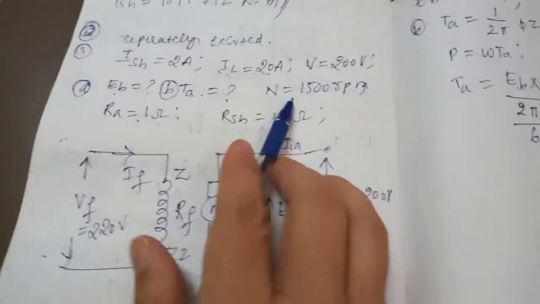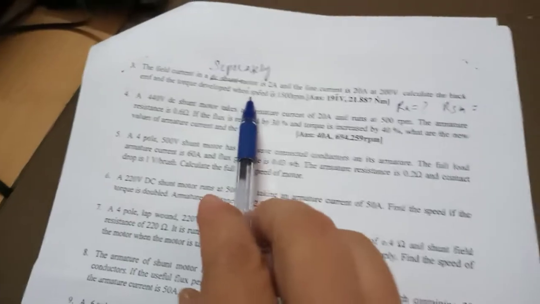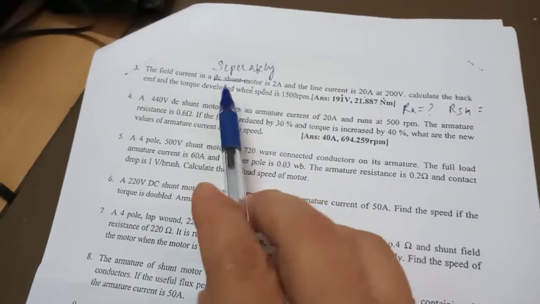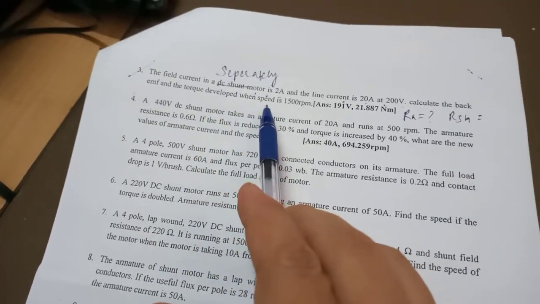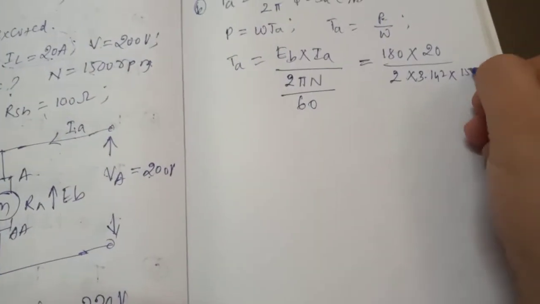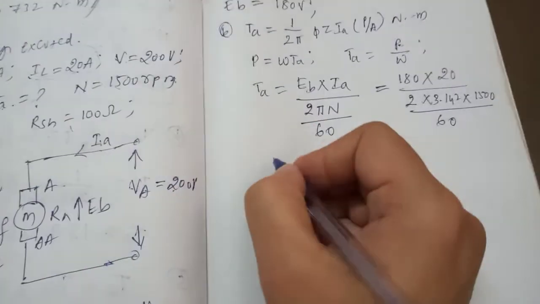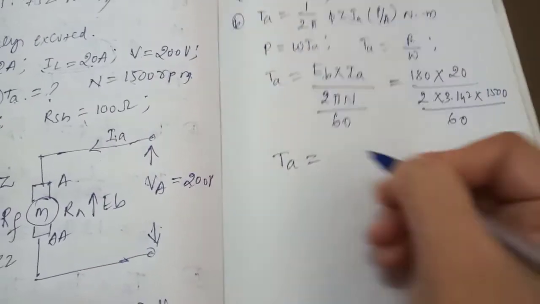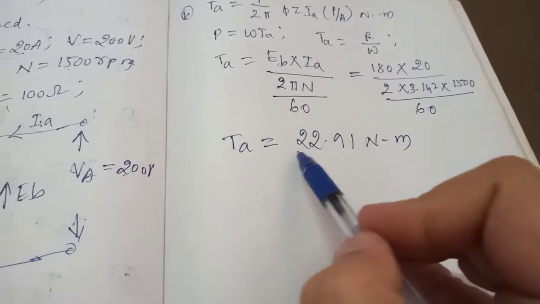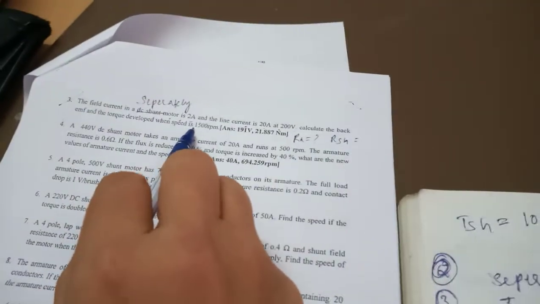You have to calculate the torque developed when the speed is 1500 rpm, so n is 1500 divided by 60. If you calculate, you will get 22.91 Newton meter. This is the torque developed when the speed is 1500 rpm.